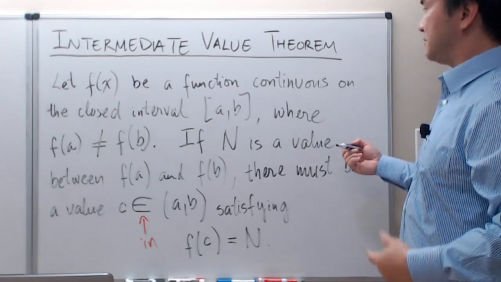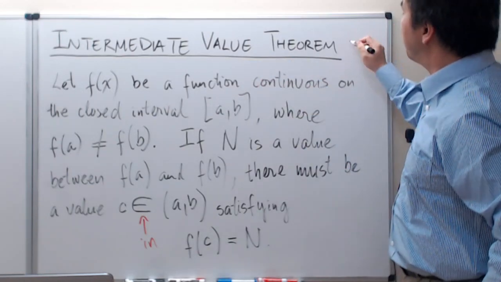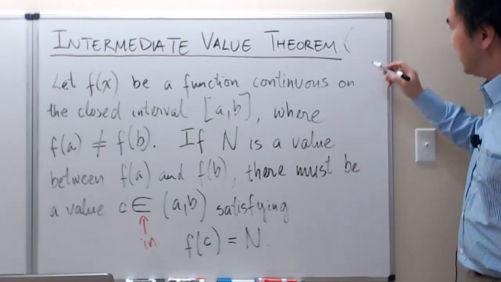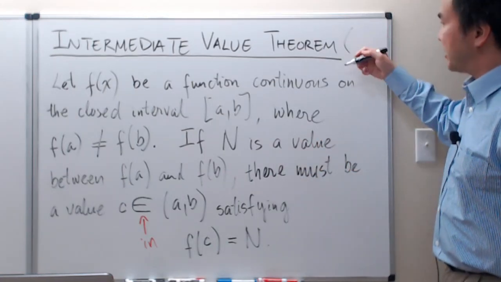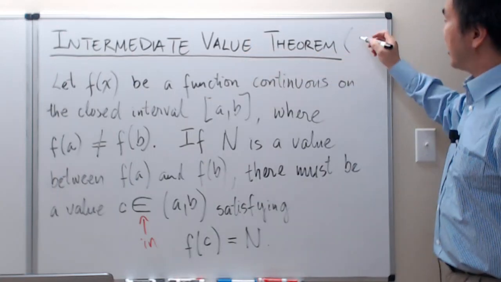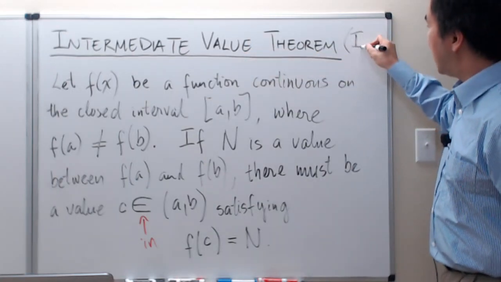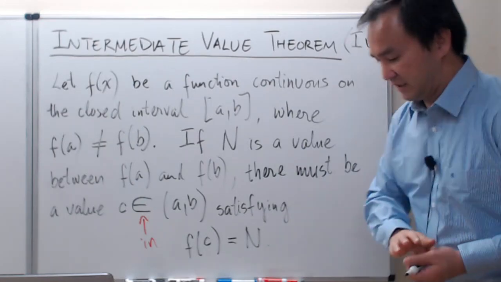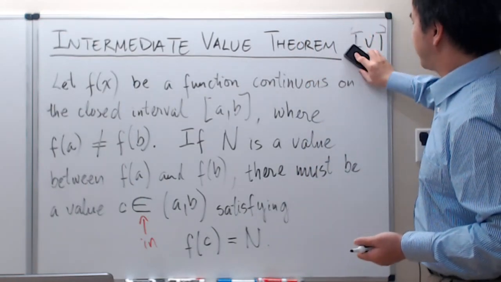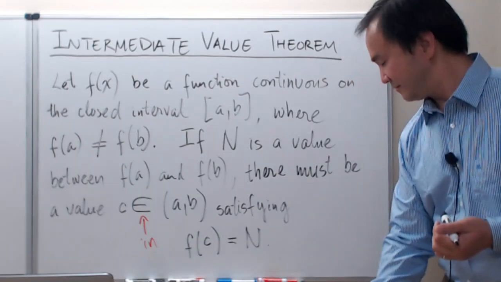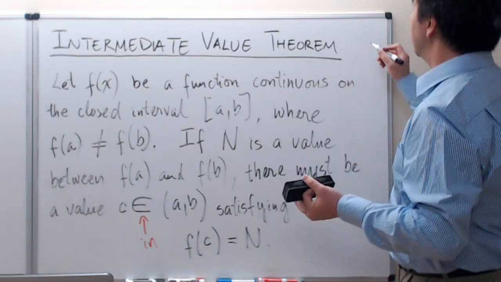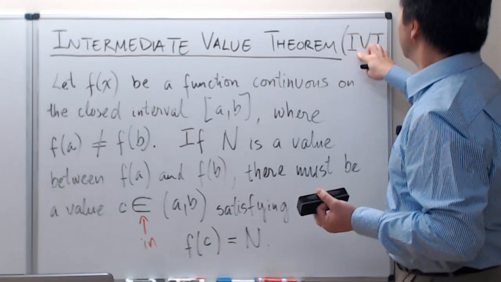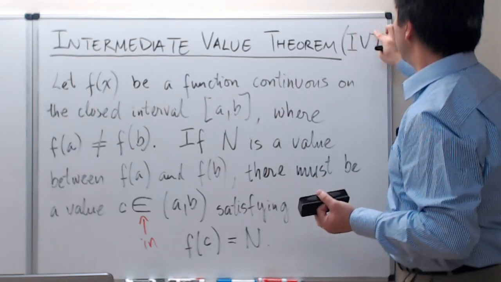Intermediate value theorem commonly is referred to, and I use this shorthand notation as well, but a lot of times mathematicians refer to the intermediate value theorem as, for short, the IVT. It's just for convenience of naming things.